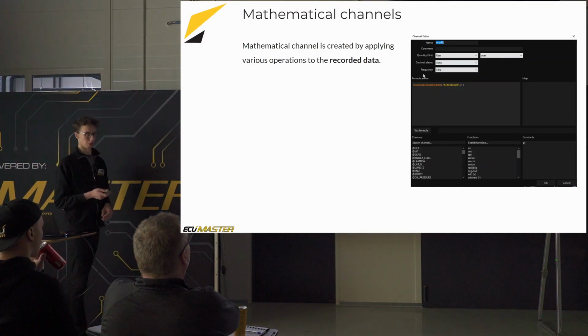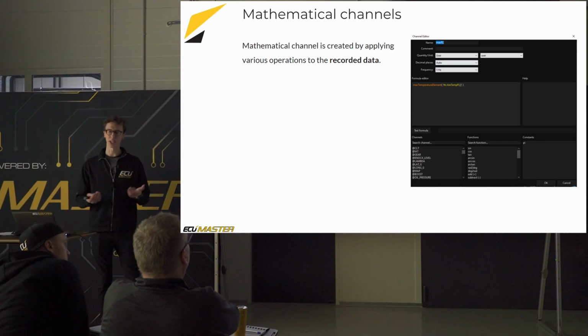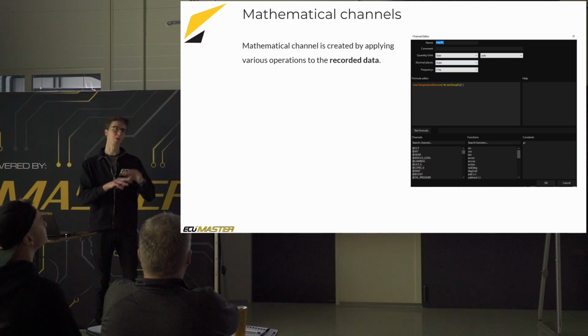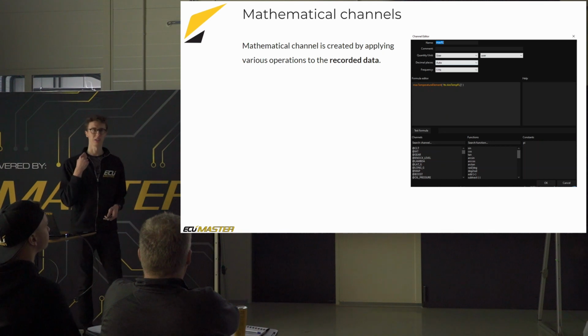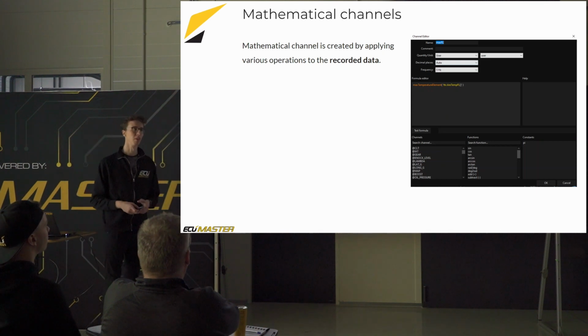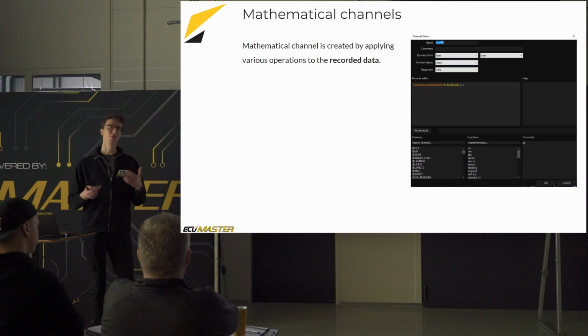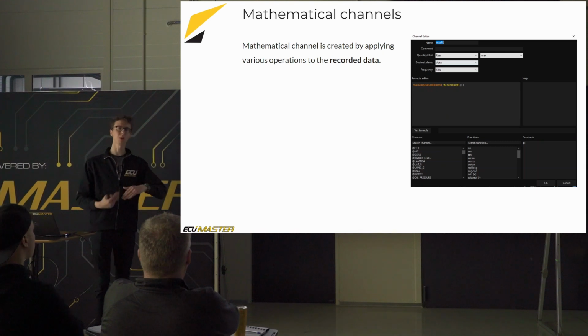What is important to know is that a math channel is a set of operations done on the recorded data. So we have previously logged data, missing the part that we seek. For example, we have tire temperature cameras, and we would like to know the average tire temperature as a single value, not 16 points.